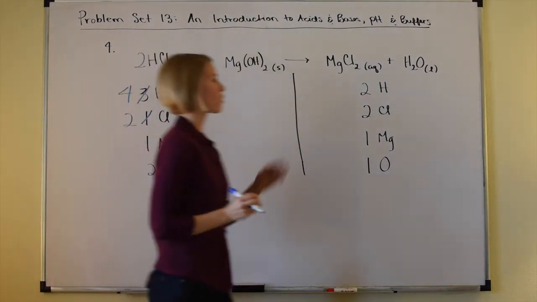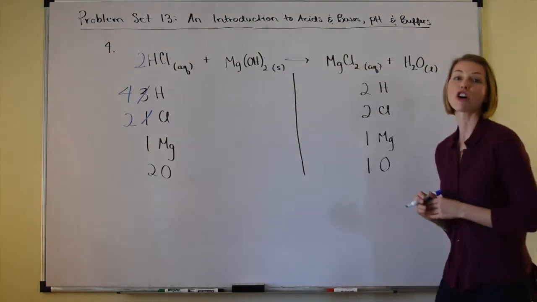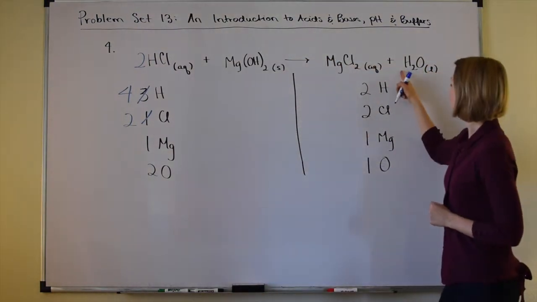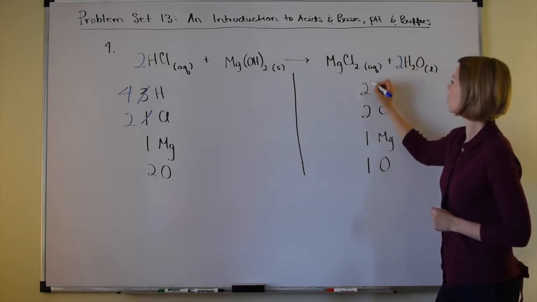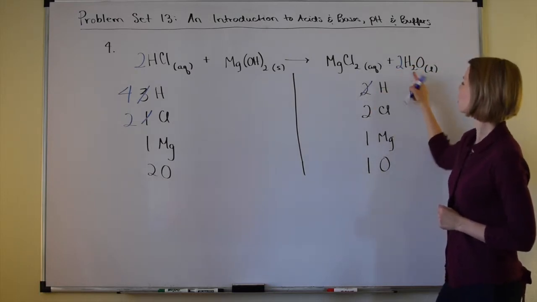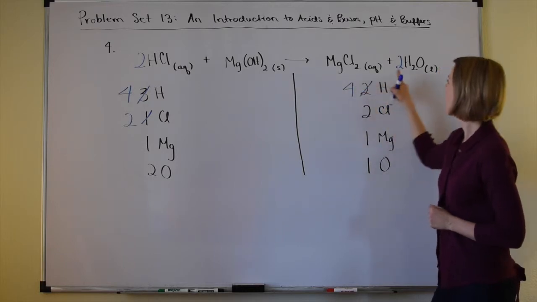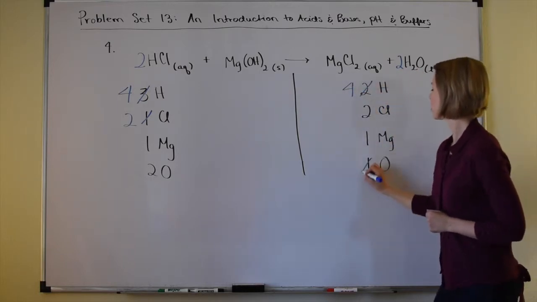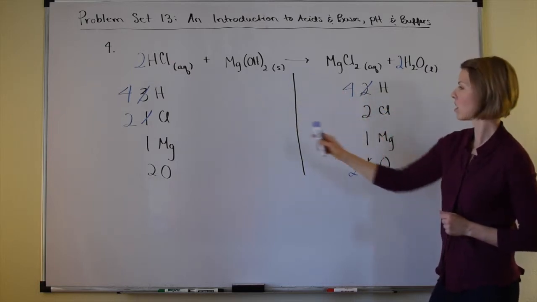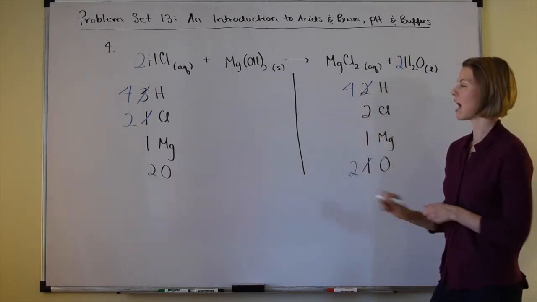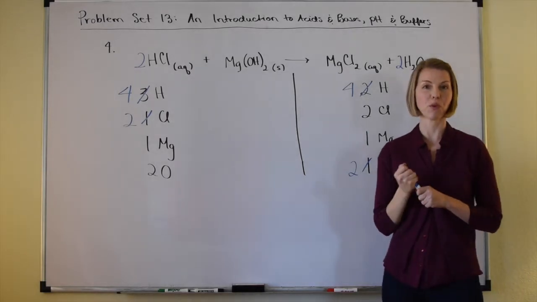All right, let's go over here and balance our oxygen. If we put a 2 in front of the H2O, we'll update our hydrogen to 2 times 2, or 4, and our oxygen to 2. And that balances all of the elements, and we are finished with number 4.